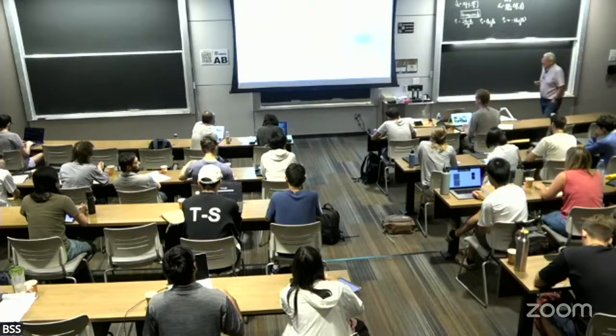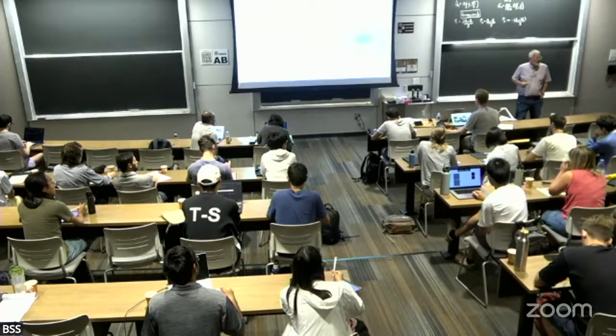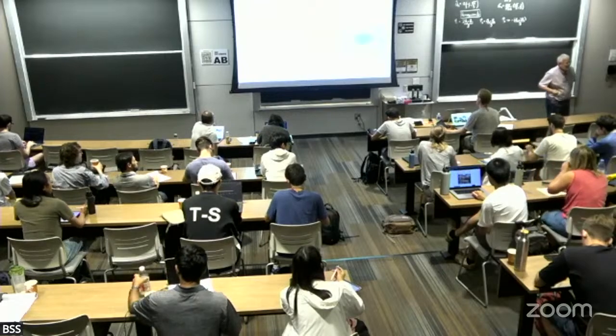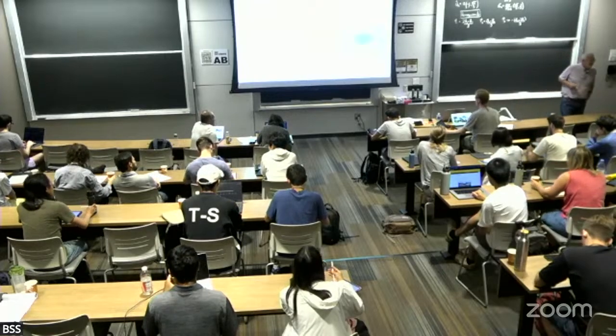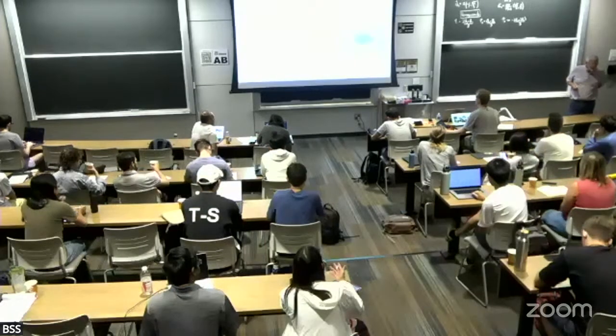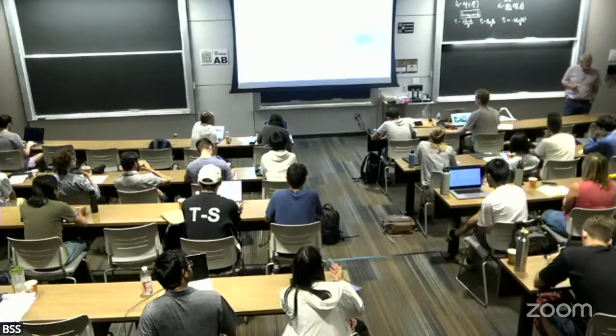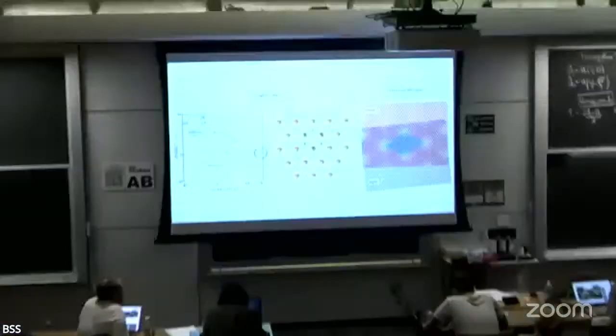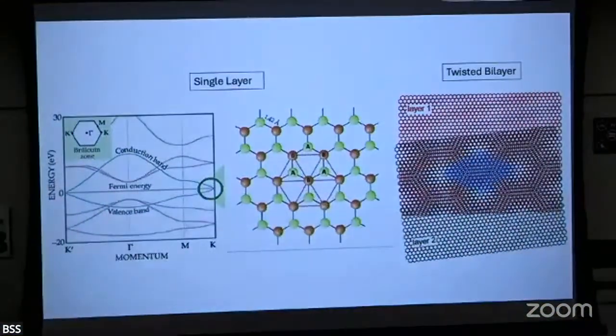And a natural outgrowth of that is to stack two-dimensional materials on top of each other. There are many interesting things you can do in that way, and I'm going to be talking just about one of them, and that is what happens when you have a moiré pattern.